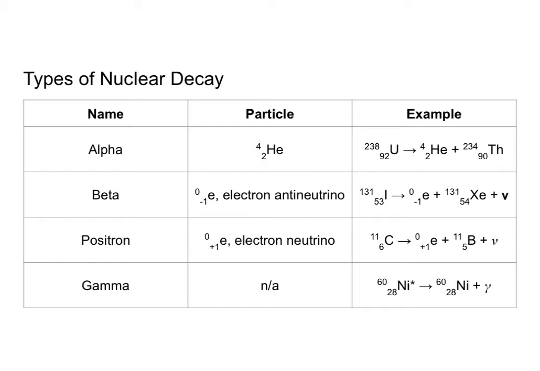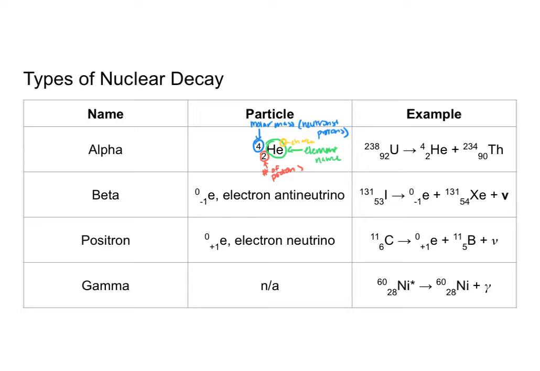Now I do want to mention, just as we're doing this, the number down here tells me the number of protons that the element has. The number up here tells me the molar mass, or the number of neutrons plus the number of protons. And the big letters here tell me the name of the element. If you had anything up here, that could be used to tell you the charge.